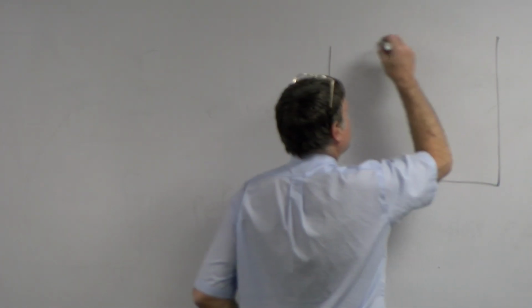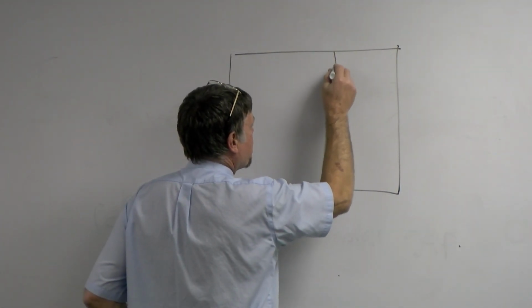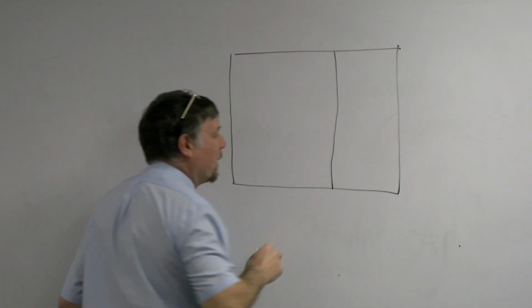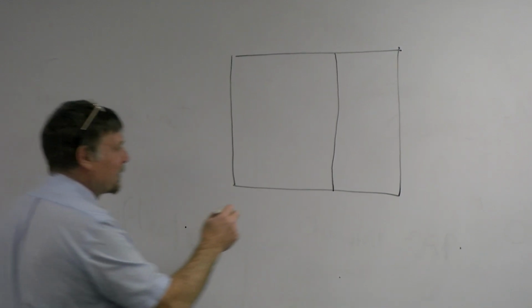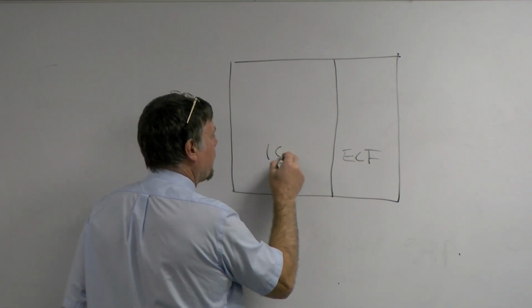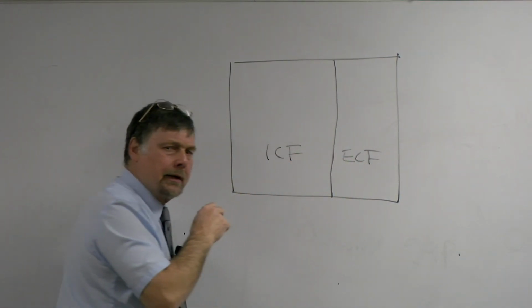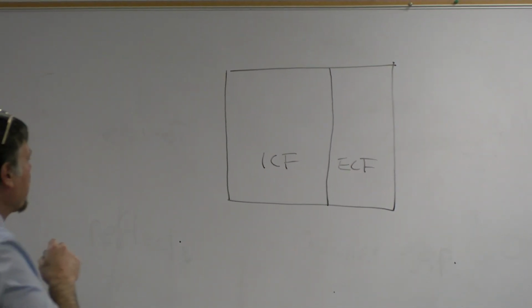So this is a Darrow-Yannet diagram. I'm going to label this ECF, ICF. Is that the way around it is on these diagrams? ECF on the right? Yeah. Okay.